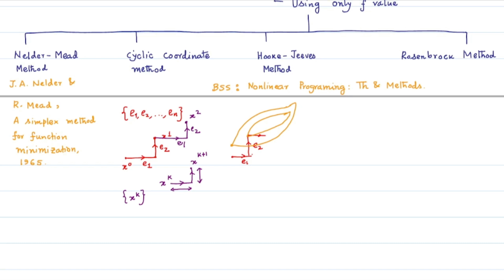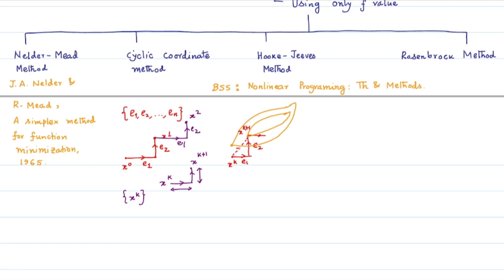So in this case, from the point xk, let's suppose we are reaching this point xk plus 1 at the end of visiting all these directions of the standard basis, and we observe that this xk plus 1 is a sharp edge of the level curves. Then as the function value at xk plus 1 is smaller than that of xk, we consider the direction xk plus 1 minus xk.